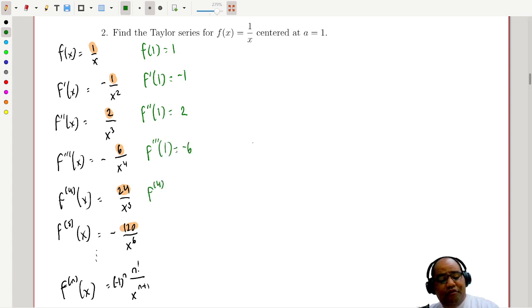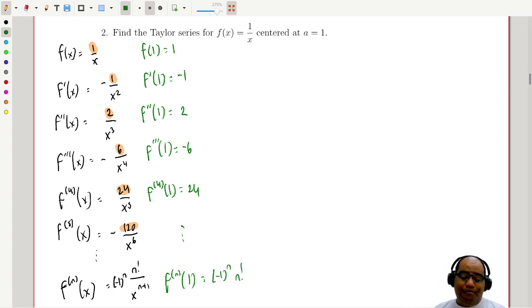The fourth derivative, we get a 24, and so on. So in general, our nth derivative at 1 will be minus 1 to the n times n factorial divided by 1 to the n plus 1, but 1 to any integer power is just 1, so we have minus 1 to the n times n factorial.